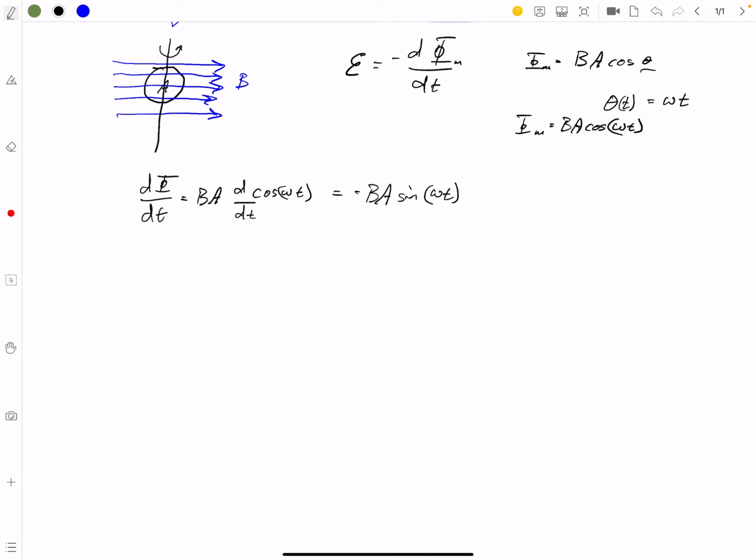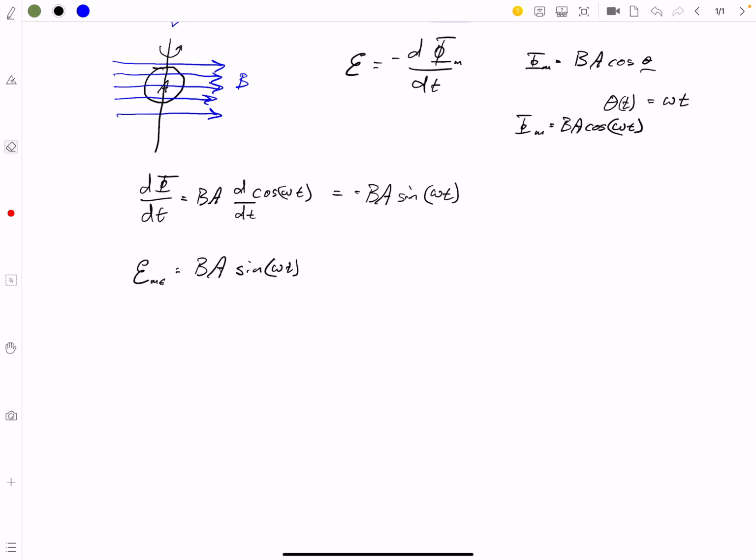And we want negative, a negative. So in the end, our EMF is equal to B A sine omega t. Oh, I dropped the omega.